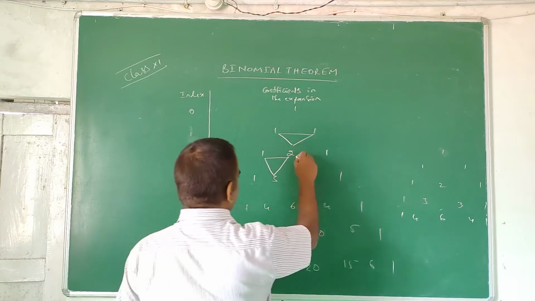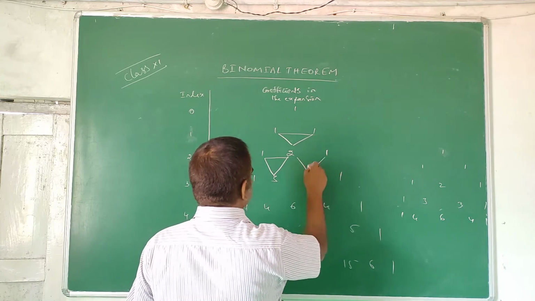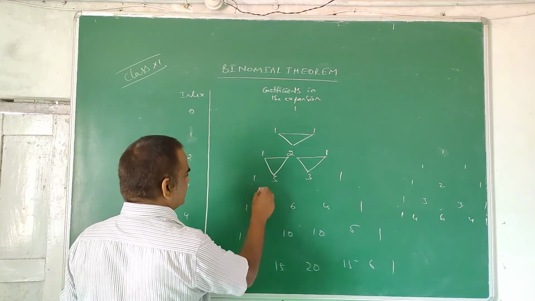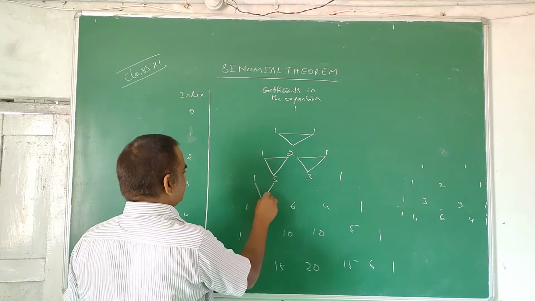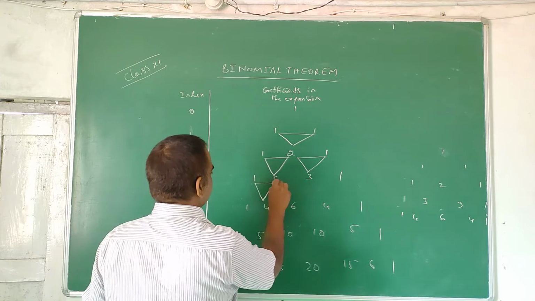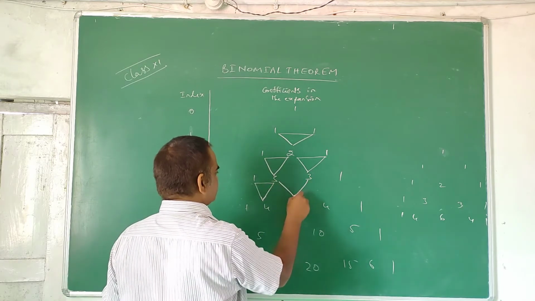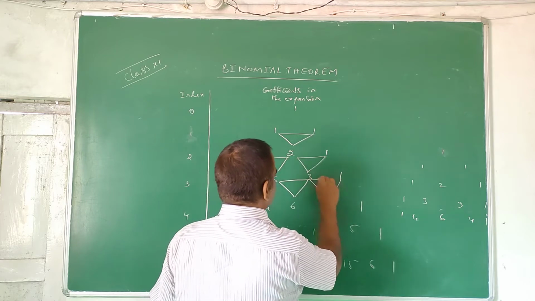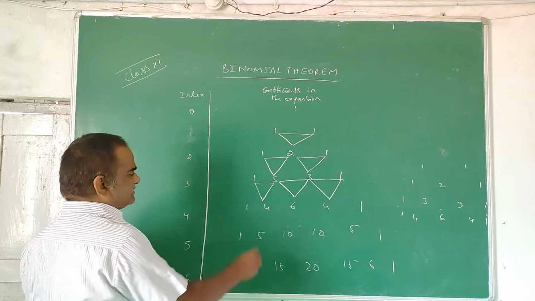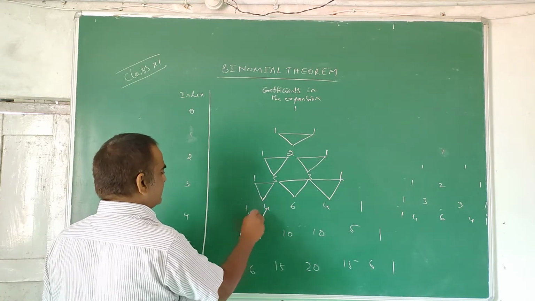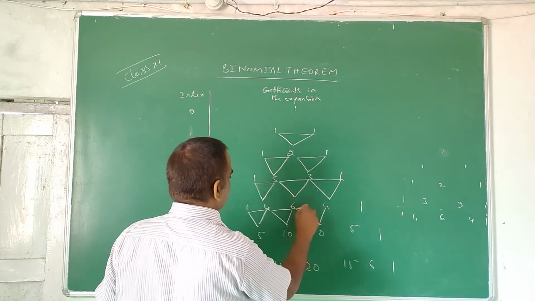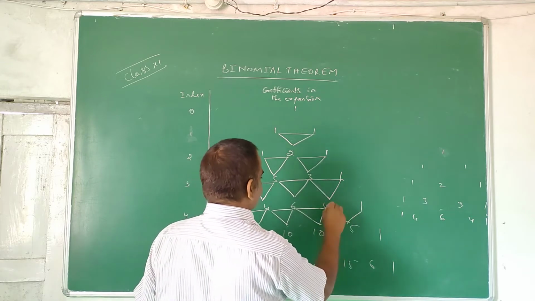It's a triangle again. 2 plus 1, 3. 1 plus 3, 4. 3 plus 3, 6. 3 plus 1, 4. So like this you have to go. 1 plus 4, 5. 4 plus 6, 10. 6 plus 4, 10. 4 plus 1, 5.